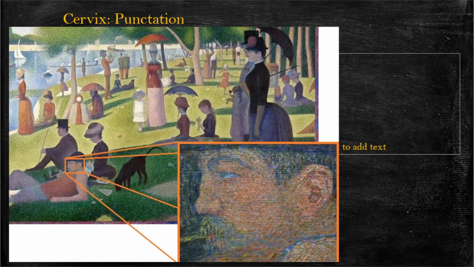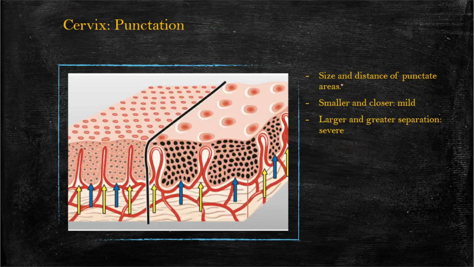Punctation is another indication. Again, the size and distance of the punctate areas differentiates between fine punctation and over here coarse punctation. So smaller and closer together tends to be more mild dysplasia.